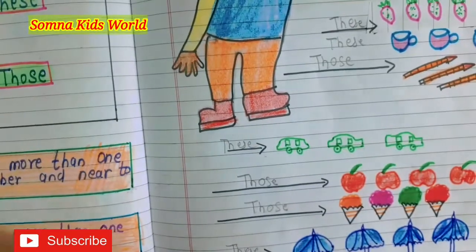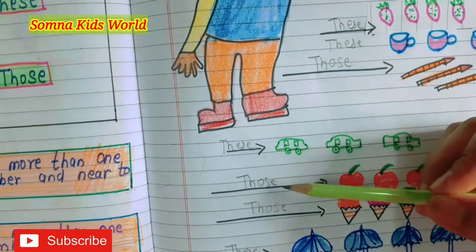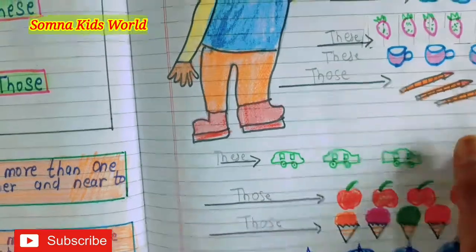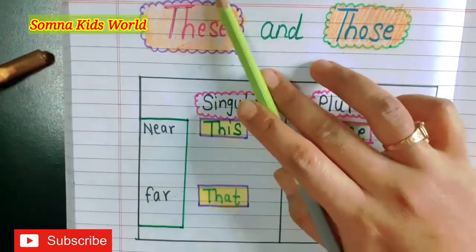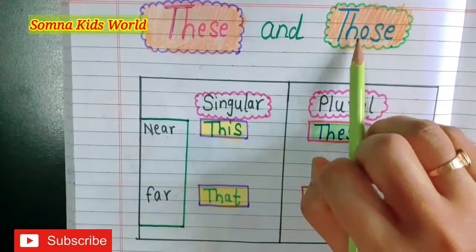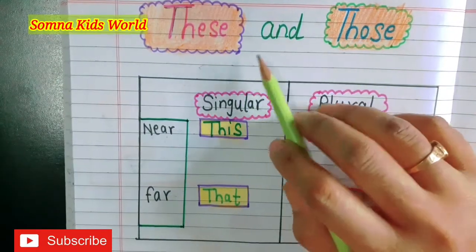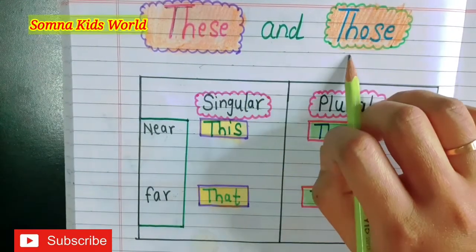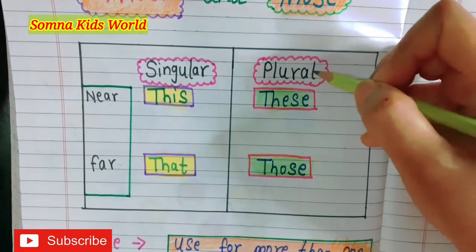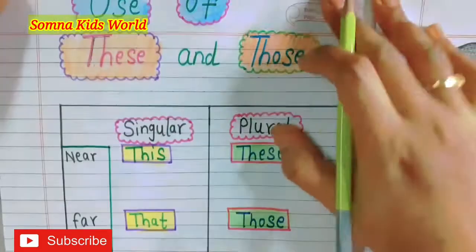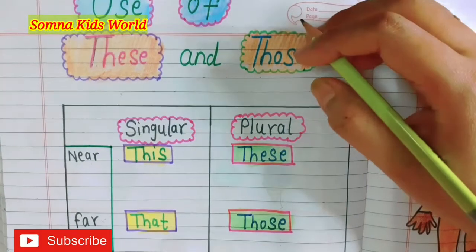So this is all about these and those. I hope you understood the use of these and those. Like this you have to use these and those. These and those we use with plural nouns.